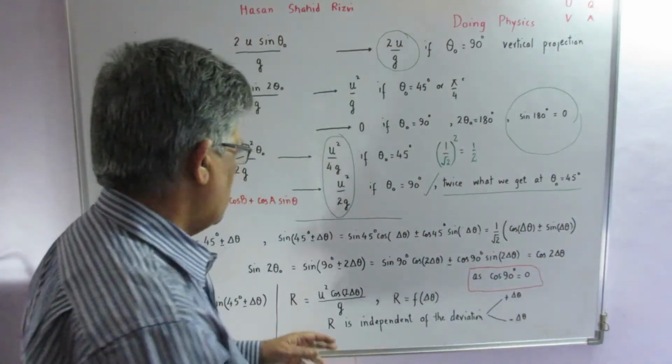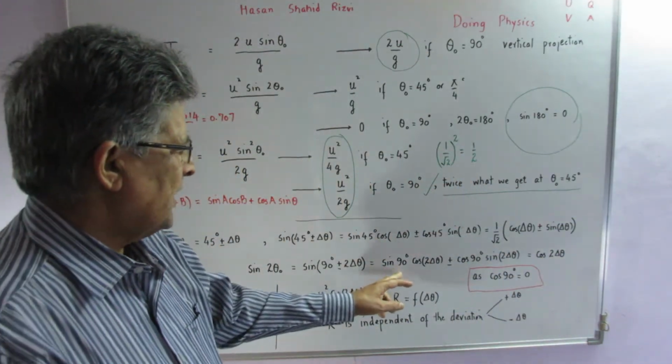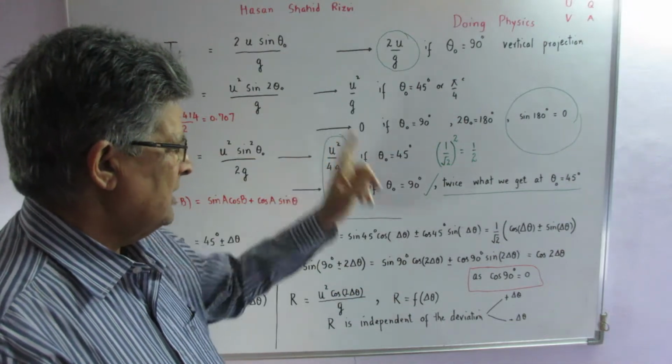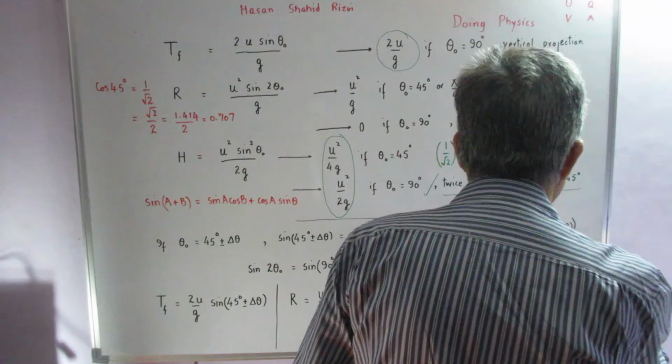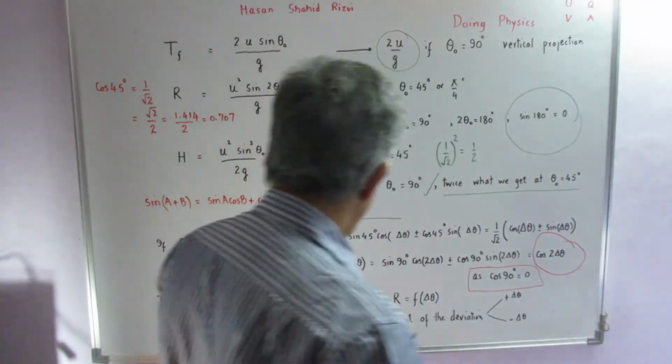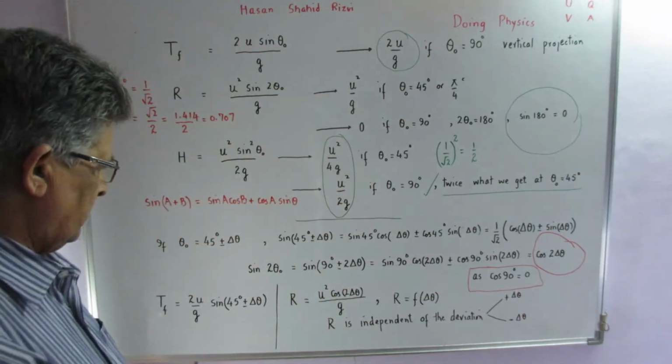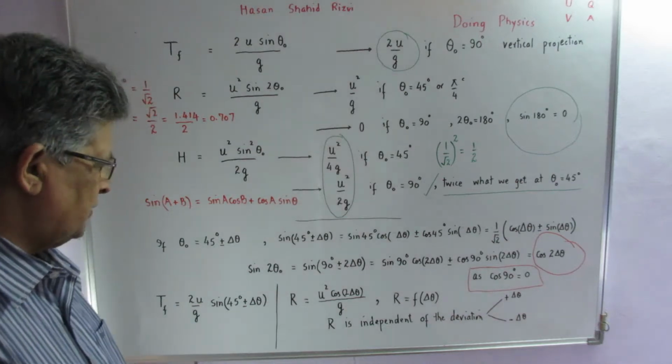And this term here, sine of 90 degrees is equal to 1. So this value turns out to be equal to cos of 2 delta theta. What does it mean? That I will explain to you.